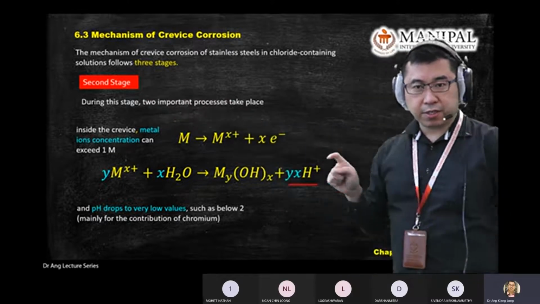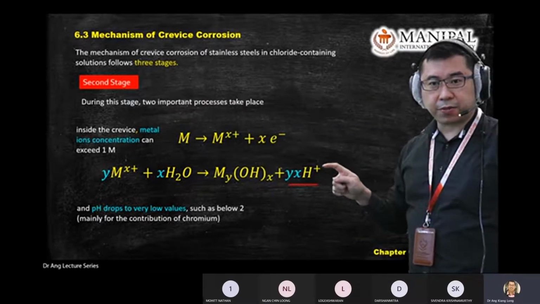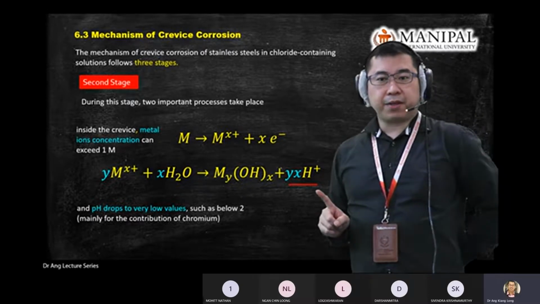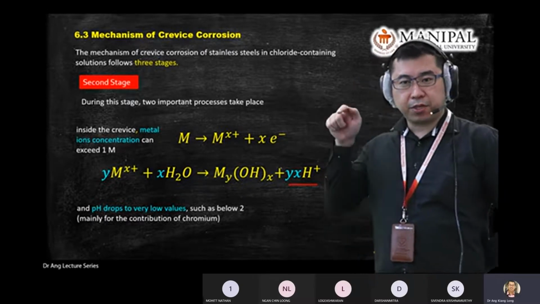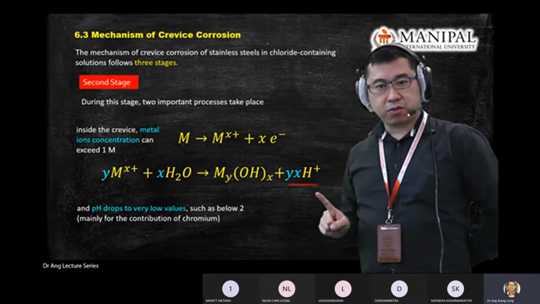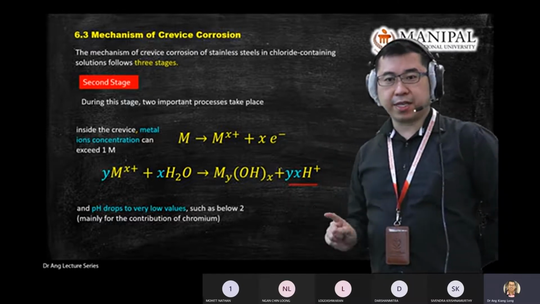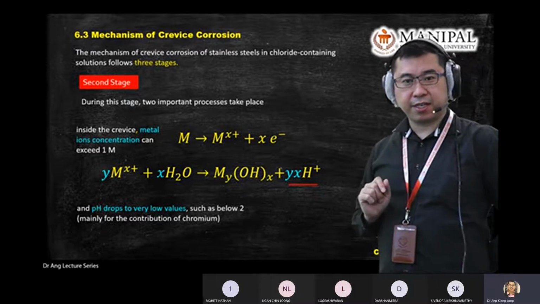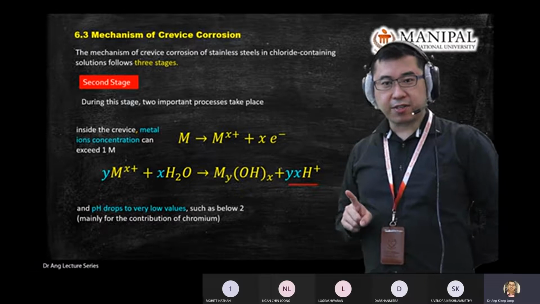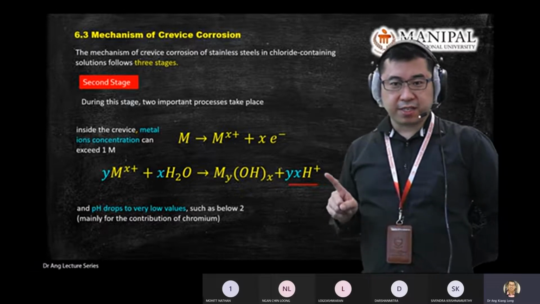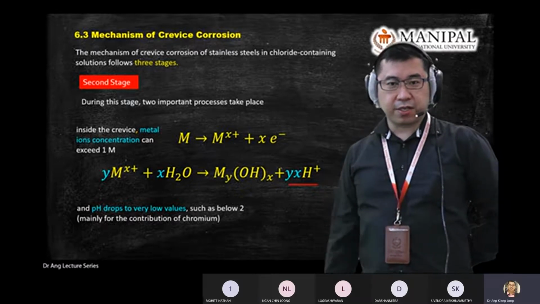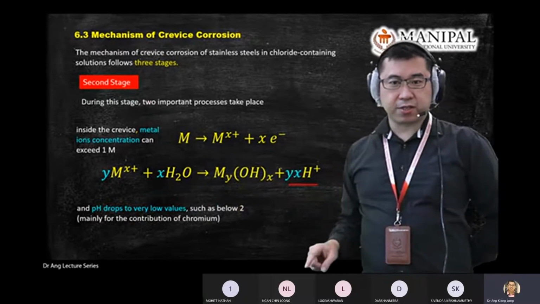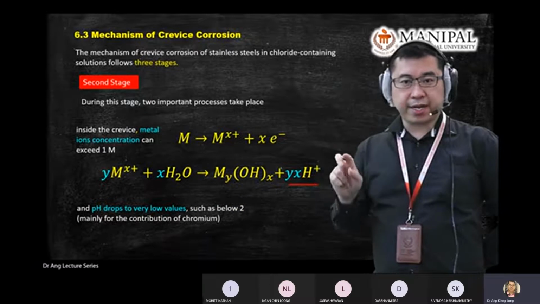In the second stage, you are seeing H positive. Again, pH value. What it means is if you have more H positive, the pH drops. The pH value drops, it becomes more acidic. What happens if you increase the acidity in corrosion? It increases the rate of corrosion. In the second stage, you have more acidic behavior in the hole there.